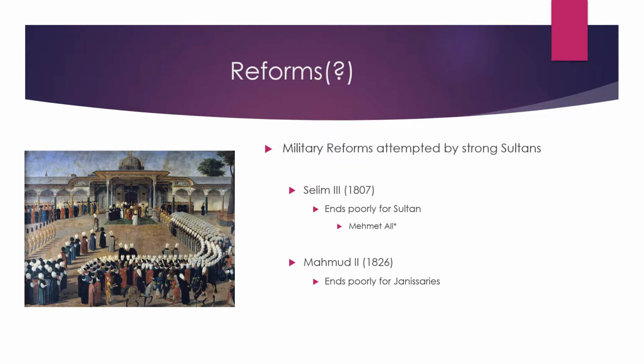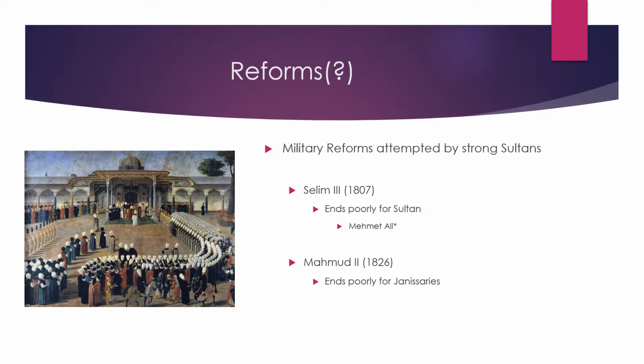This didn't end well for Selim III, who was eventually deposed by a rebellion by the Janissaries, who eventually executed him. He accidentally died in custody. And if you can hear the air quotes around accidentally, you understand what I mean.